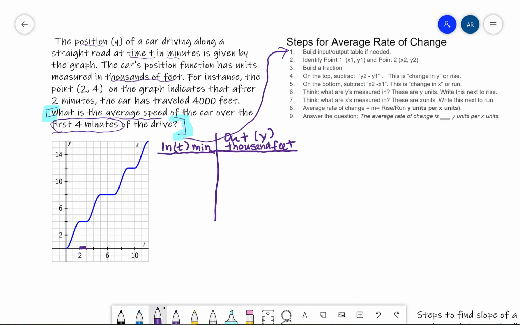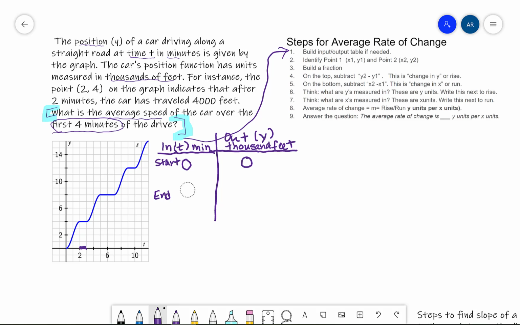All right. We are told we're going over the first 4 minutes. So as I've built my table, now I'm going to need to identify the points I really need for my table. First 4 minutes tells me I'm starting at time 0, and I'm going to end at time 4. Now I'm going to read off the graph the y's associated to these x's. At time 0, I'm right at the origin, and if I'm at the origin, my y coordinate is also 0.